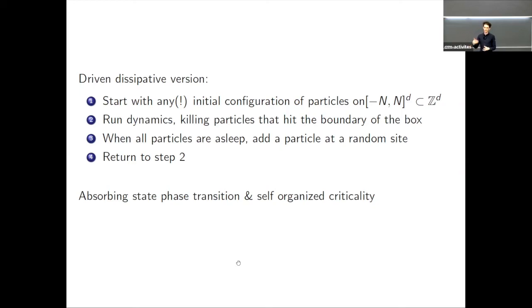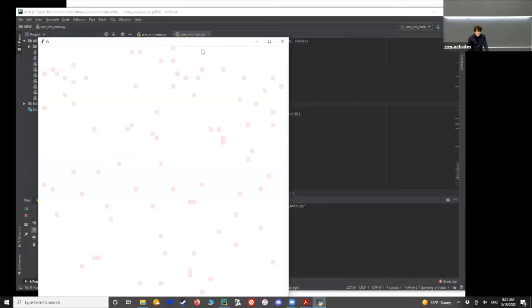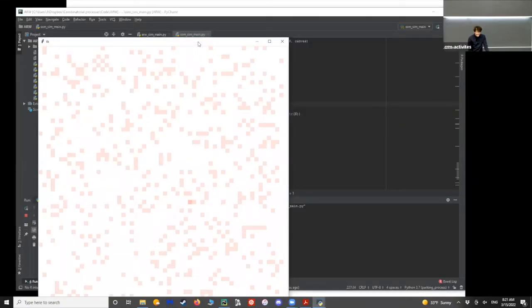So the mass is changing here, but what's the thing that's going to correspond to the phase transition? It's this phenomenon called self-organized criticality. So we're going to see that the mass of the system converges to the critical mass. So I've got this configuration of particles. Those are the little pink dots on a 60 by 60 box in Z2.